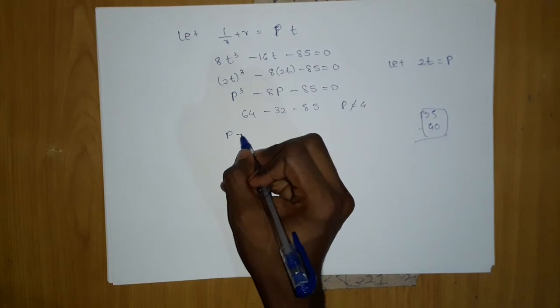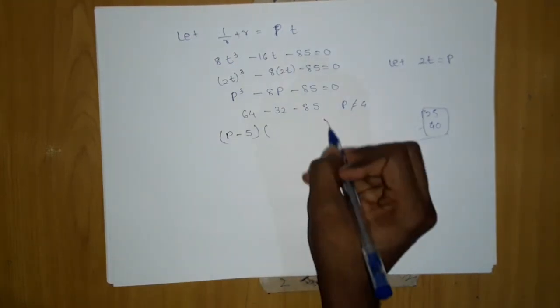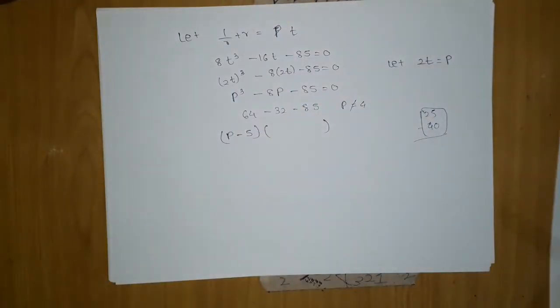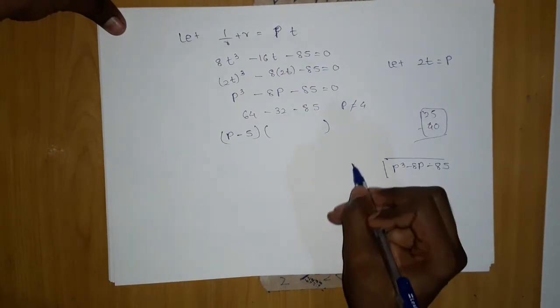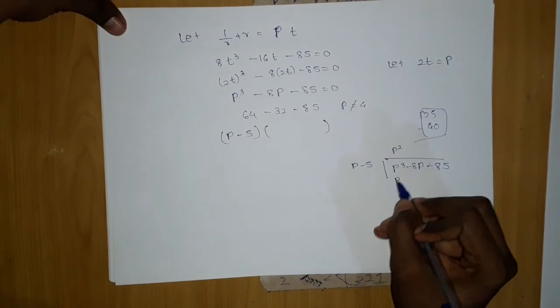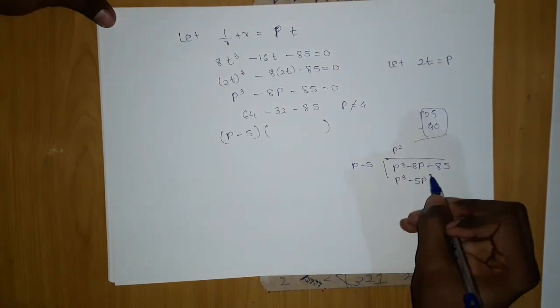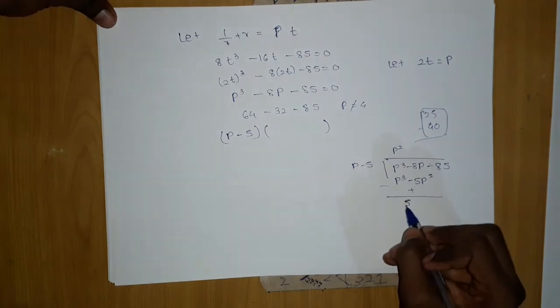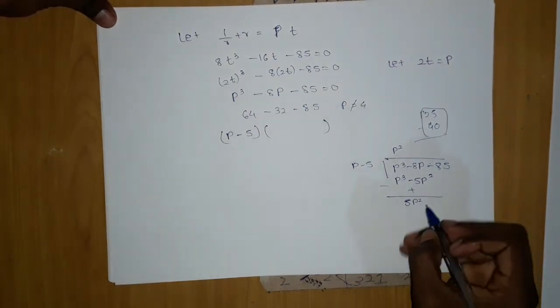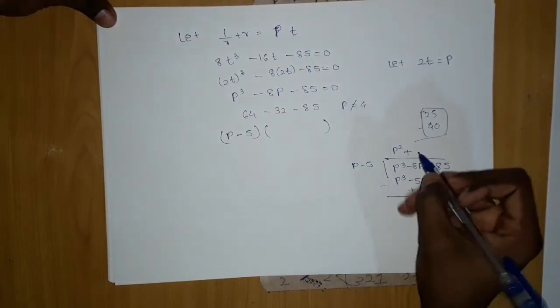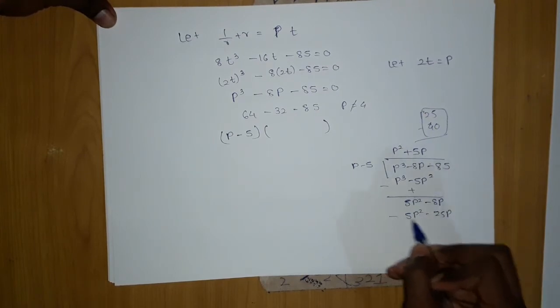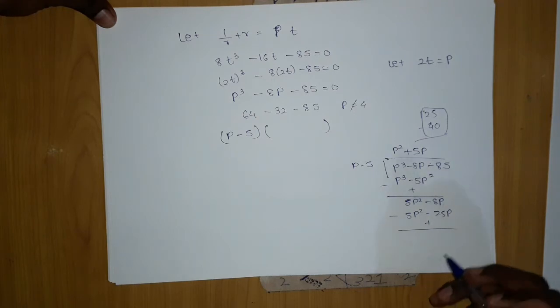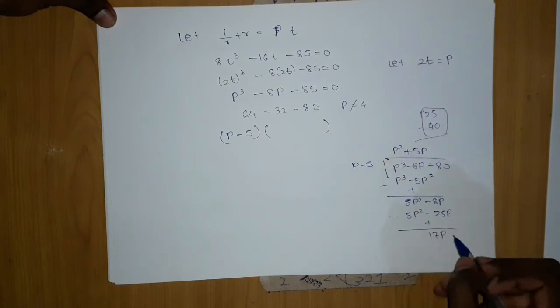So p minus 5 is a root of this. For the rest, we get the quadratic by synthetic division of p cube minus 8p minus 85 by p minus 5. We get p cube minus 5p square, then 5p square minus 8p, then 5p square minus 25p, which gives 17p, and 17p minus 85.